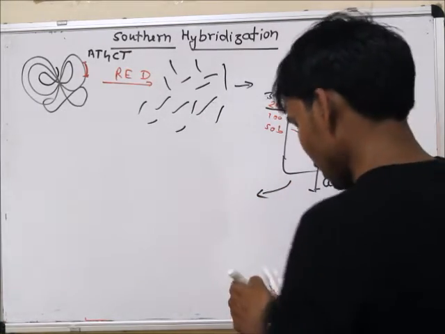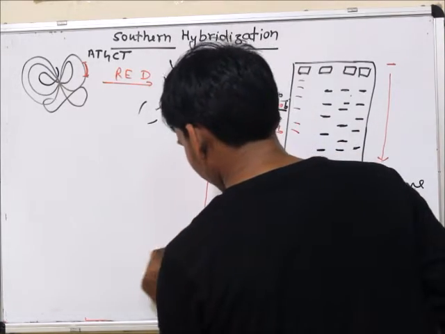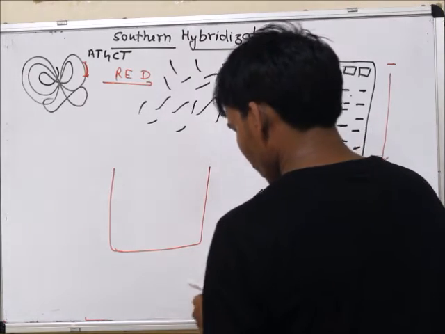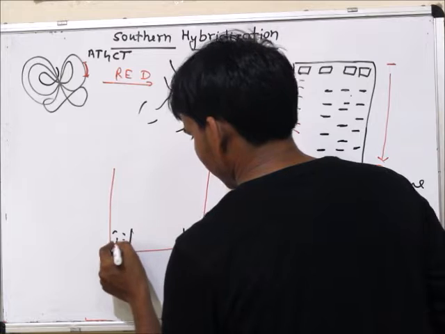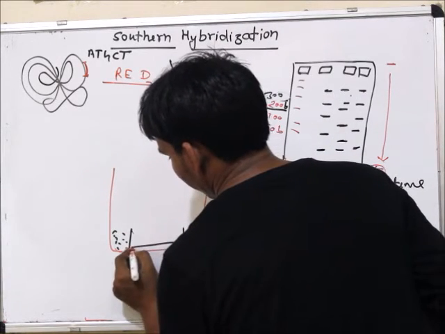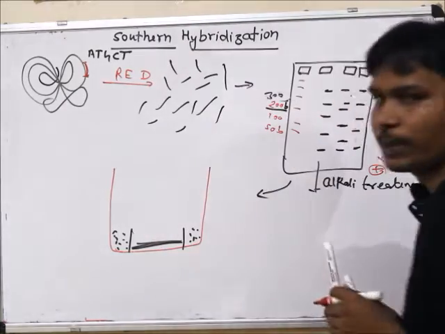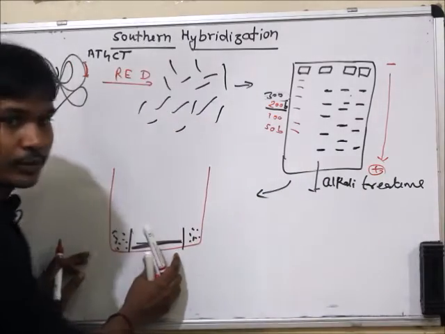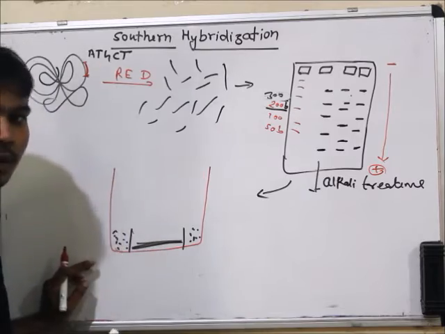Suppose that this is the beaker where there is a buffer at the sides, and a filter paper is put up here, and this filter paper is saturated.